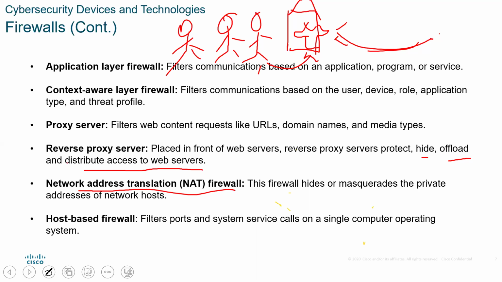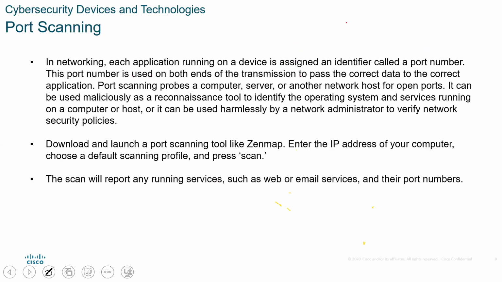Then we have host-based firewall that filters ports and system services calls on a single computing operation. Now, port scanning. In networking, each application running on a device is assigned an identifier called a port number. Remember, I told you that in transport layer or in port addressing, if your traffic is going out, the port is like which window or which door are you going out through?